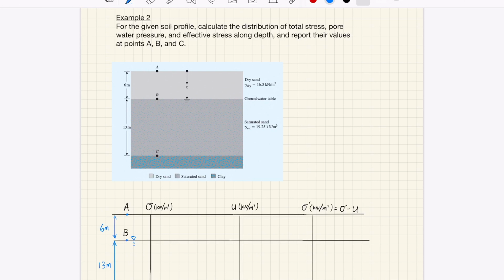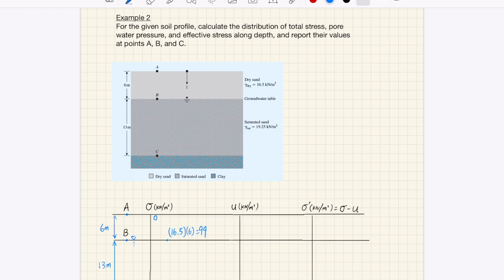For total stress, again, we have 0 at the ground surface, and then at point B, because we're given dry sand, we're going to use the dry unit weight, 16.5, times the depth of the first layer, 6, that's 99.